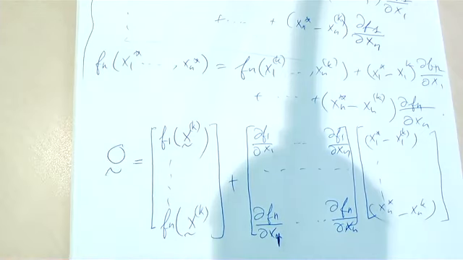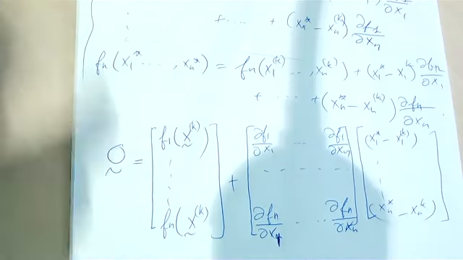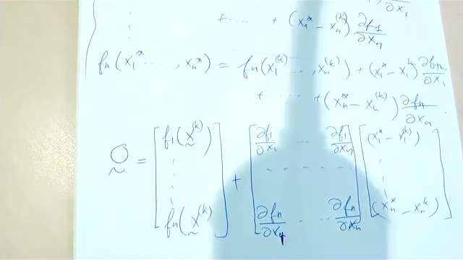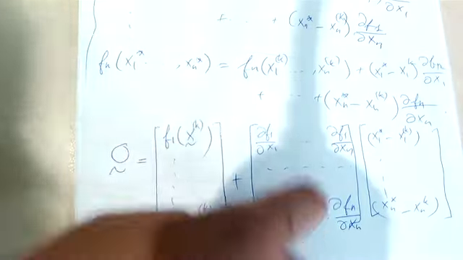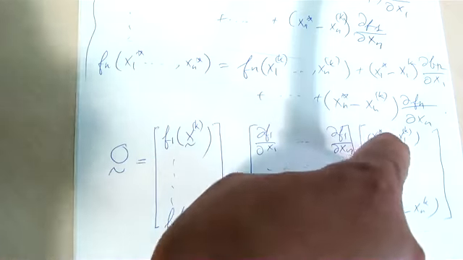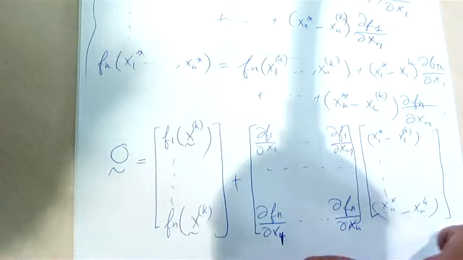So this becomes a vector of n components at xk. And plus the matrix. So this is a matrix, with all the partial derivatives with respect to x1 up to xn on the components. And this vector is just x star minus xk.